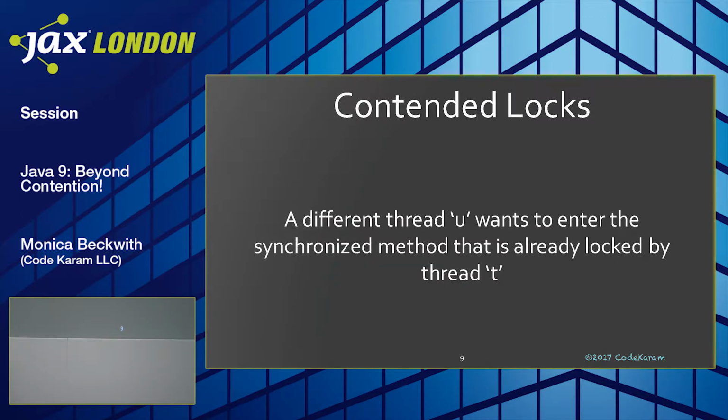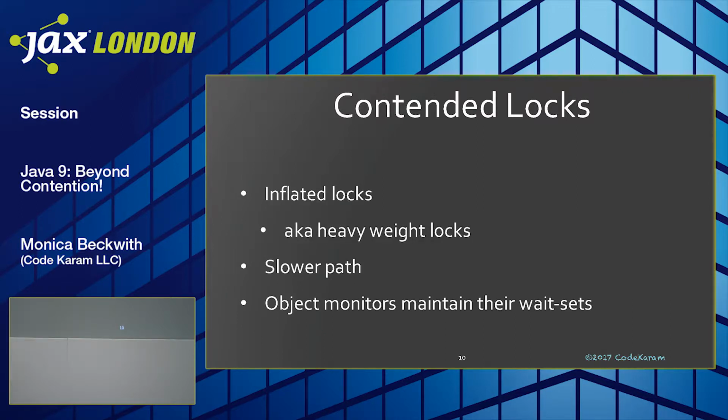Now, what if a different thread U wants to come along and wants access to the synchronized method? Now we have contention. Previously, we had a single thread, but now a different thread wants to acquire the same lock. That's called a contended lock, also known as an inflated lock or heavyweight lock.